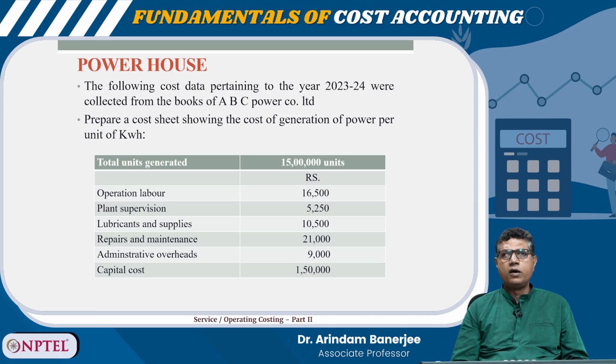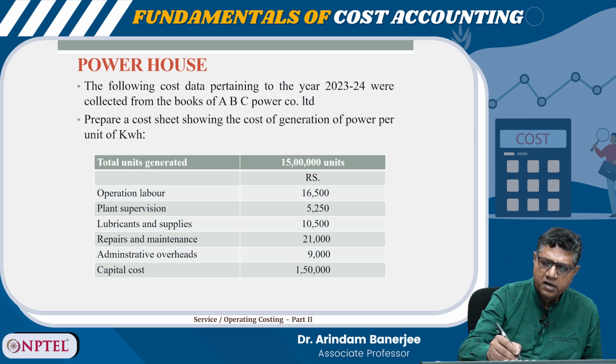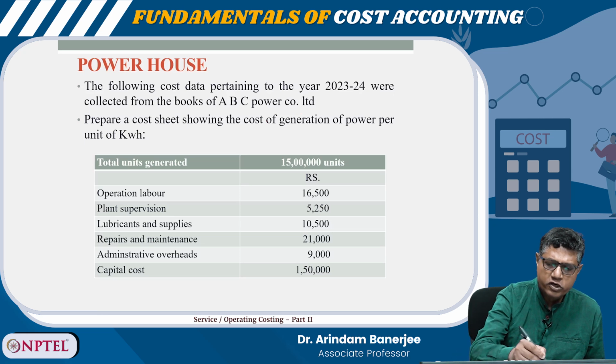We will see another problem on powerhouse. The following cost data pertaining to the year 23-24 were collected from the books of ABC Power Company. Prepare a cost sheet showing the cost of generation of power per unit of kWh. So, you need to prepare a cost sheet here.